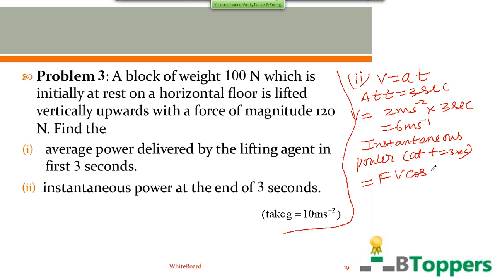Here the angle theta between F bar and v bar is 0 degrees. Here v is the instantaneous velocity at the end of the third second, that is, after t equal to 3 seconds. We have already calculated the value of F, which is given in the problem as 120 newton. The magnitude of the instantaneous velocity is 6 meters per second. So you get 720 watts.